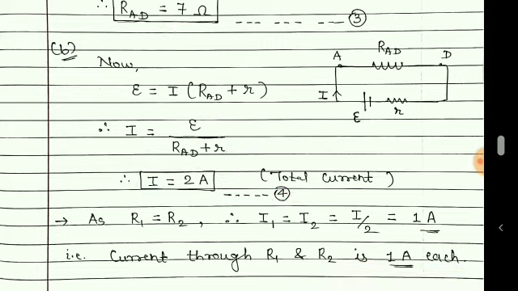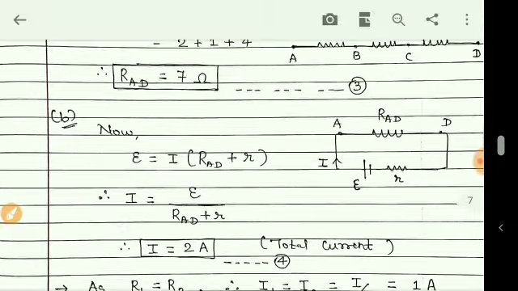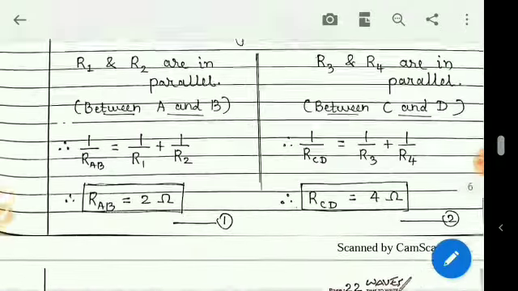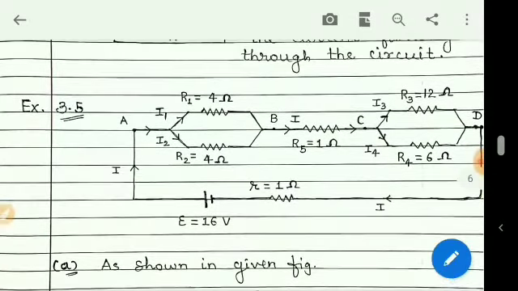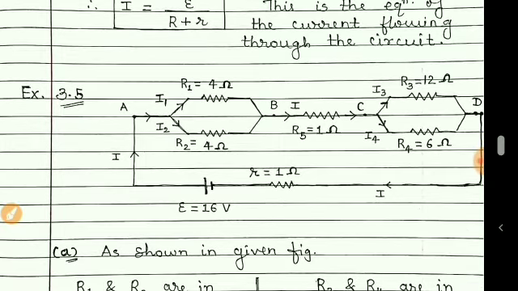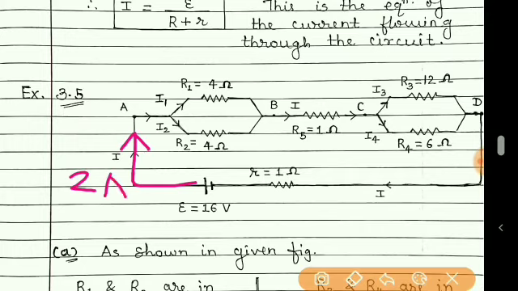Now we want to find the current through each resistor. So students, it is very simple for this case. How much current is drawn from this battery? That is obtained as 2 ampere.